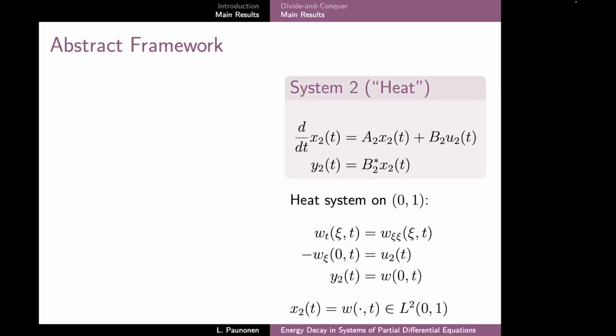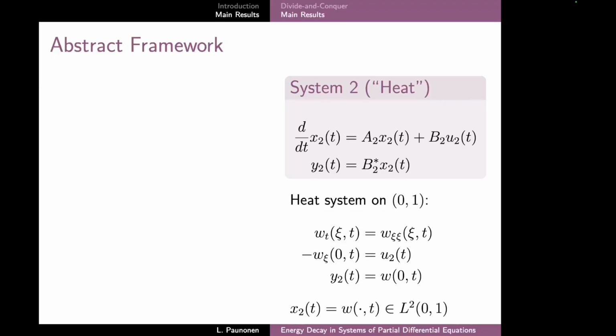And in this example, describing how the inputs affect the behavior of the infinite dimensional system, and finding the operator B2, is a little bit more complicated, and I won't go into details here, but I'll just mention that this is also possible.